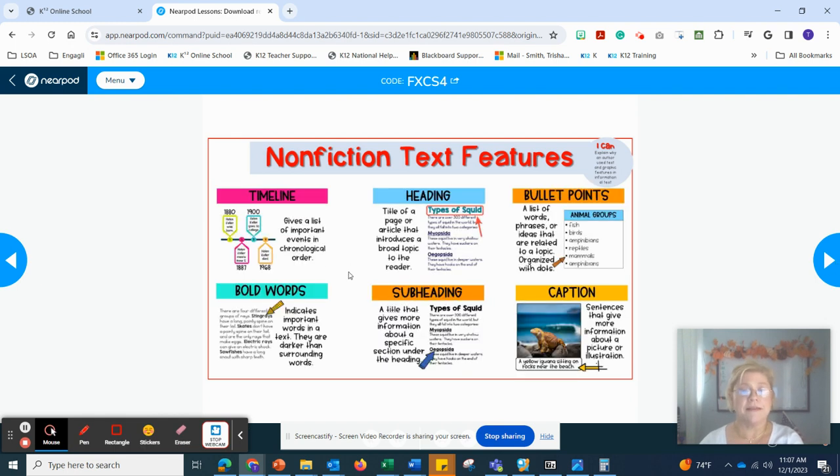Timeline gives a list of important events in chronological order. And then let me do bold words. We'll do bold words first. Bold words, just like italics, indicate important words in a text. They are darker than the surrounding words. So if you look right here, stingrays, skates, electric rays, and sawfishes.